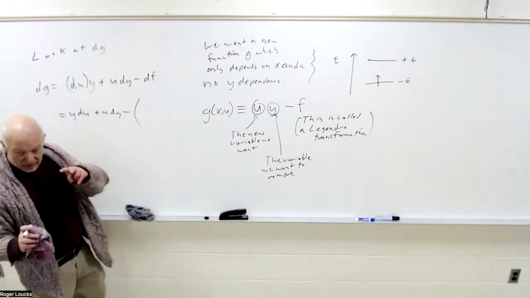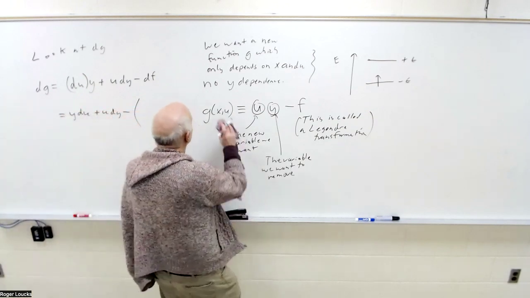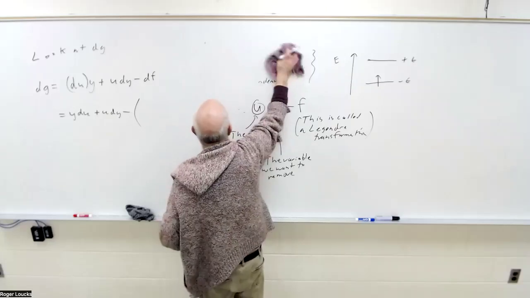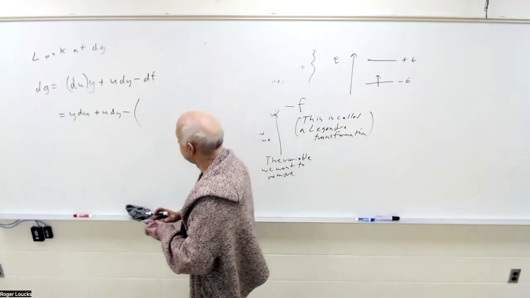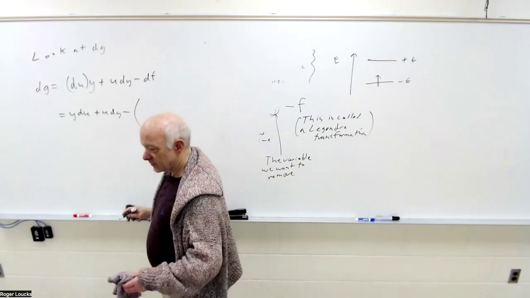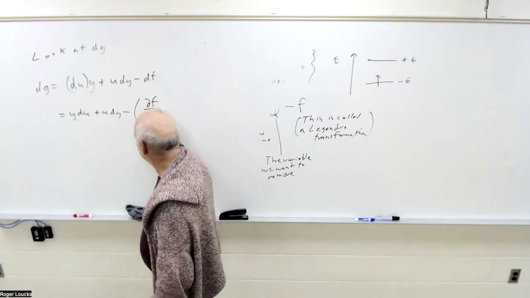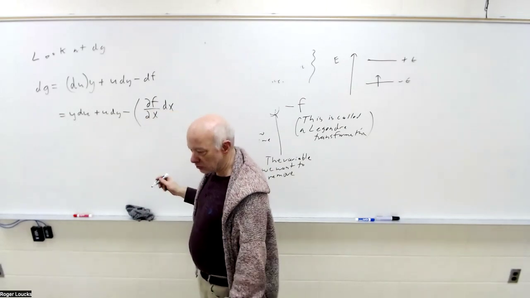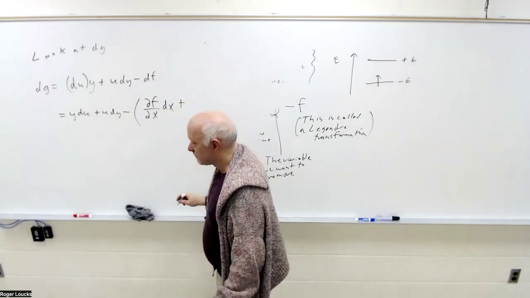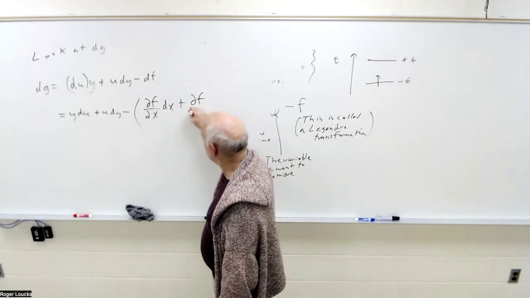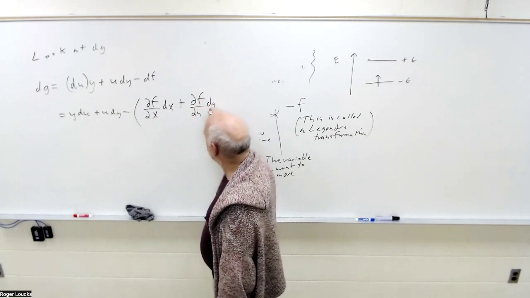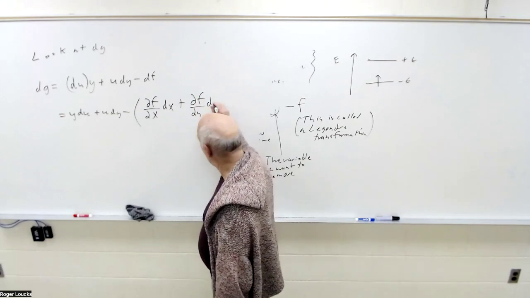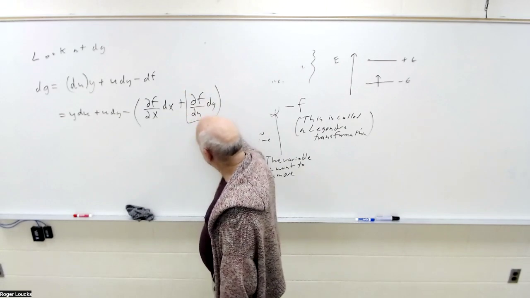Remember, df depends on x and on y, so it's partial f with respect to x times dx. This is how much f changes if you only change x, plus partial of f with respect to y times dy. This is how much f changes if you only change y. Does this have a name?